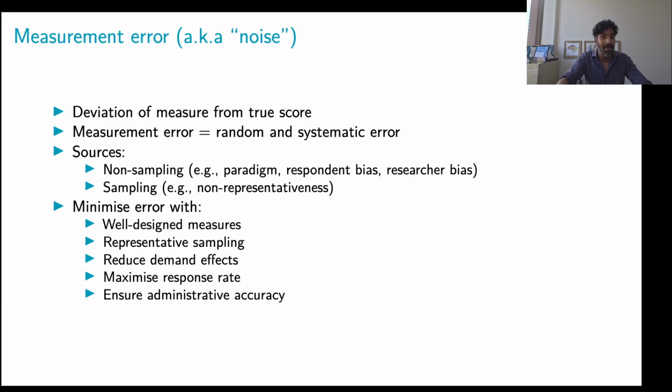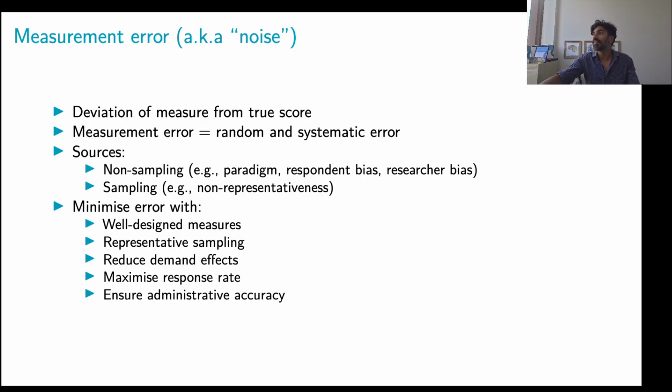We talked a lot about measurement error, and the key takeaway here is there is something you're trying to measure, say a true value, and there are levels of error around the measuring of that value. And so the deviation of measure from the true score is really what we're talking about when we talk about measurement error.